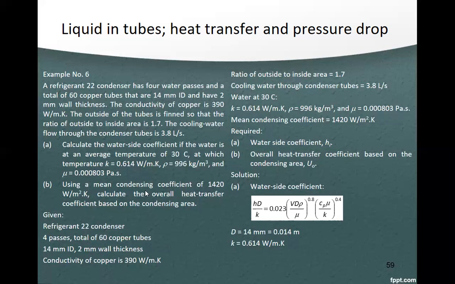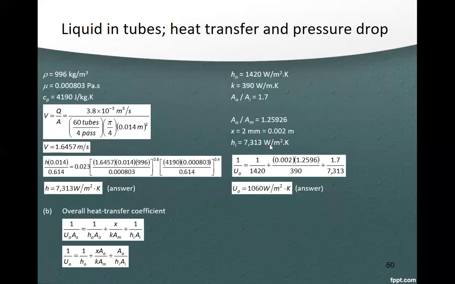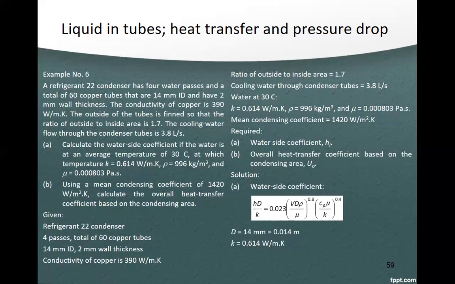May mga finned tube kasi may fins din. Ang tawag doon, enhanced surface. Okay. So, water at 30 C. So, ito yung properties. Mean condensing coefficient is 1420 watts per meter squared K. Nung refrigerant 22, refrigerant 22 is outside.